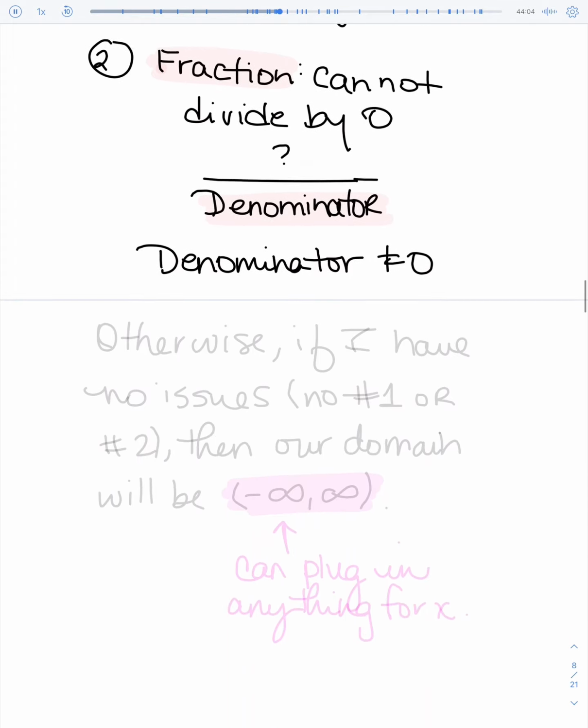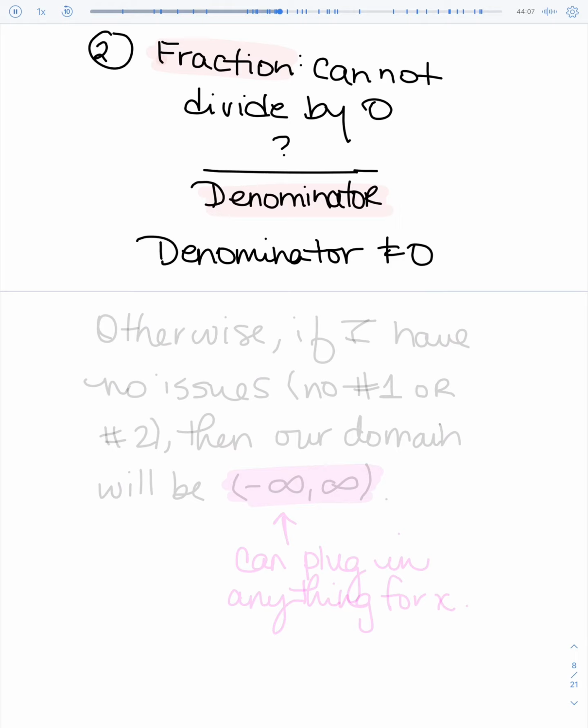So those are our two main problems that we're going to be looking for when we are finding the domain. We're worried, first of all, if we have an even root, or second of all, if we have a fraction, and the fact that if we have a fraction, we're worried about whether or not this denominator can equal 0.